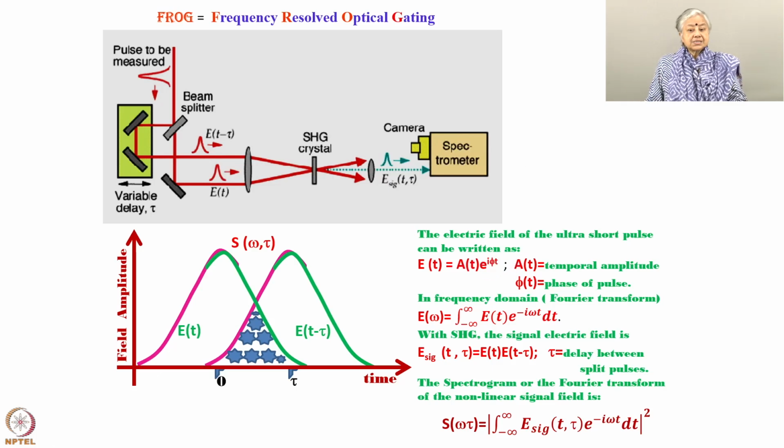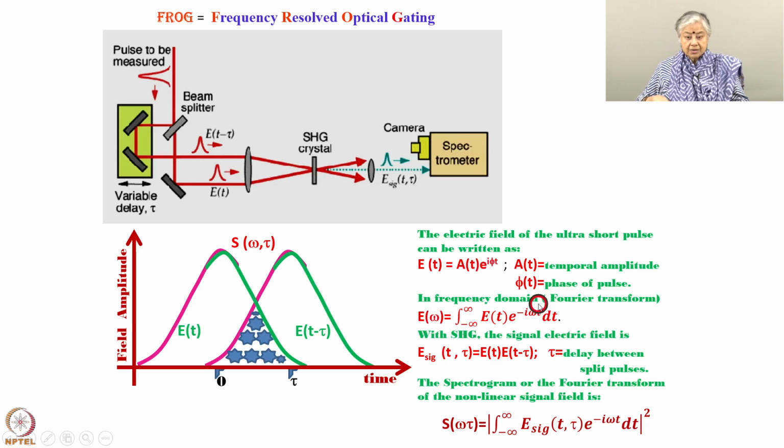Any pulse can be described completely with an amplitude and with a phase. Then the description is complete. With this attempt, I want to measure the shape of that pulse. So, I have A(t), which is an amplitude which is changing with time as it goes, and then I have a phase also, phi.